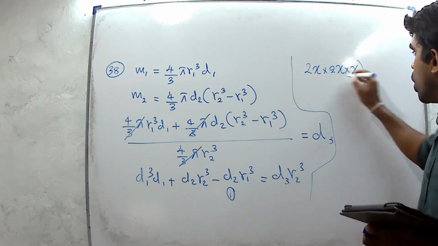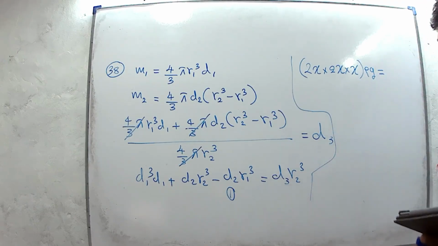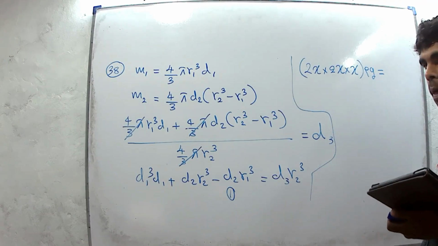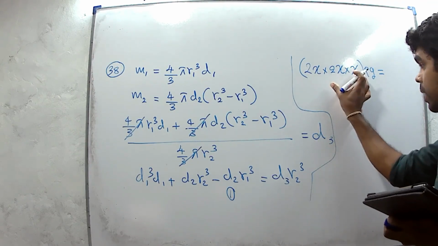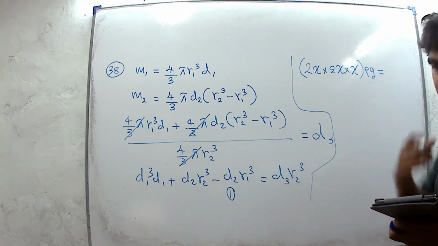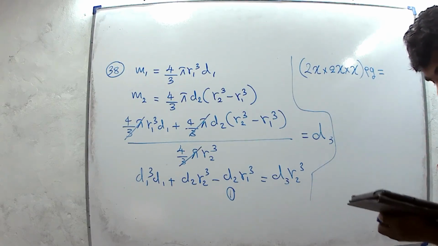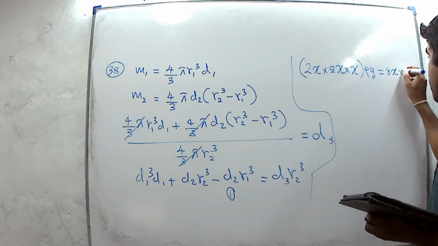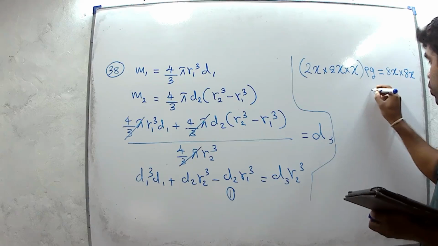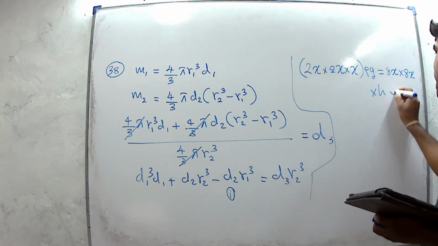V rho g is the upthrust in the given situation. We have to write the upthrust now for the new situation. For the new situation, length 8x, breadth 8x. We have to find the immersed height. I will get it as h rho g constant.